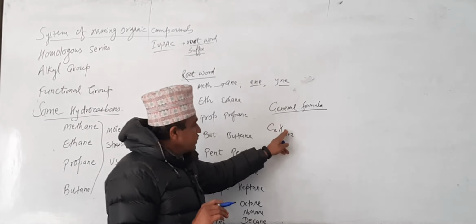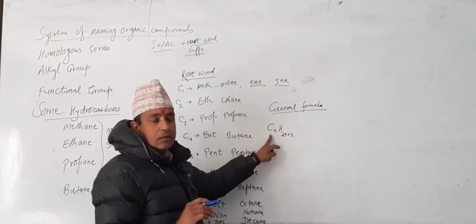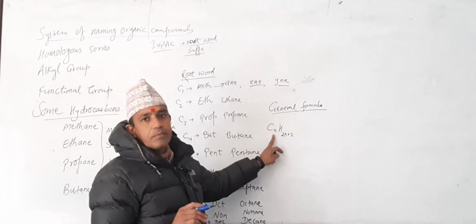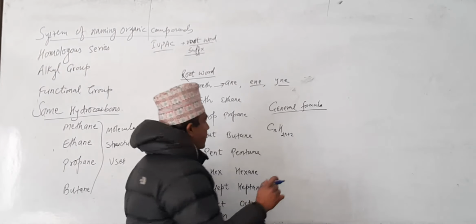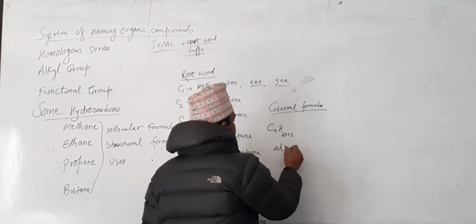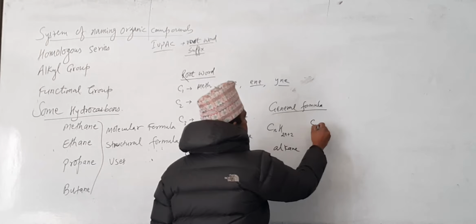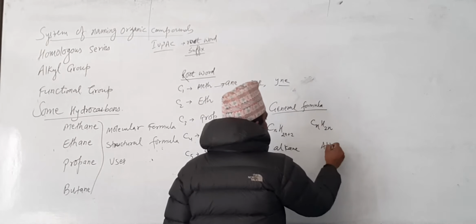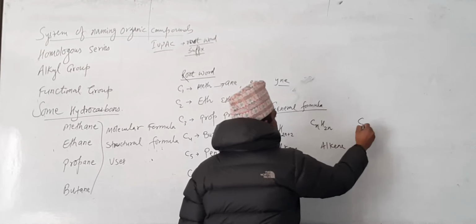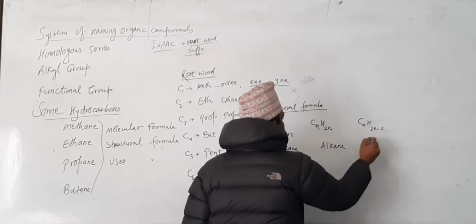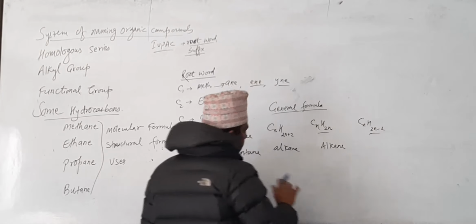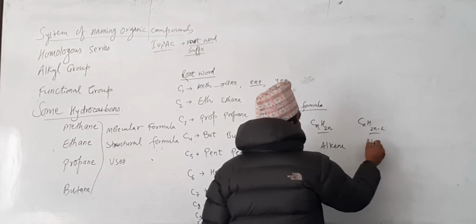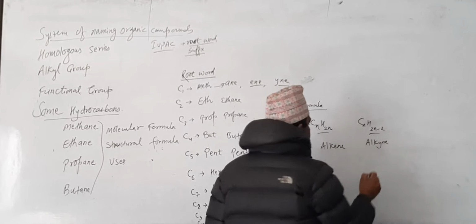If the number of hydrogens present in the compound is 2 more than double the number of carbon, then it is alkane. Alkene, CnH2n. And alkyne, CnH2n-2.